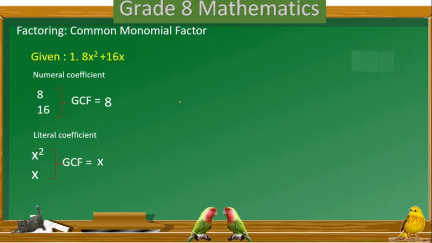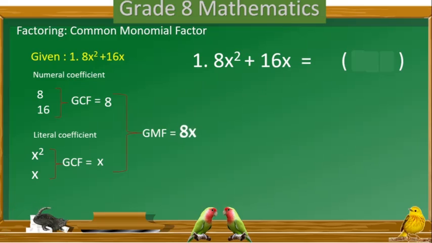Now, what is our greatest monomial factor of the given expression? It is now 8x, and that 8x becomes our divisor to get the factor of the given expression.